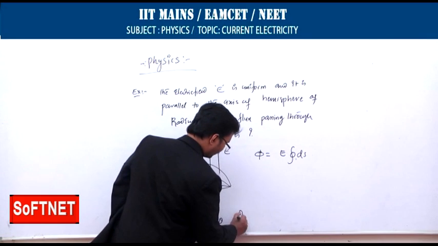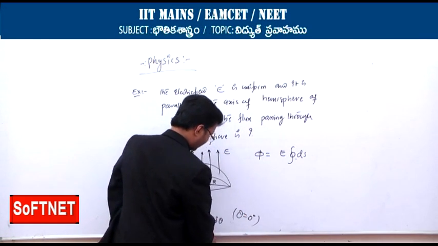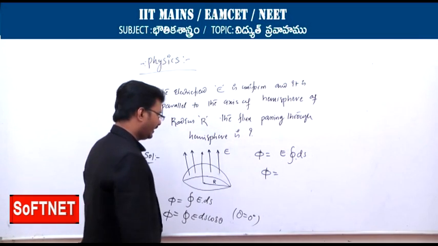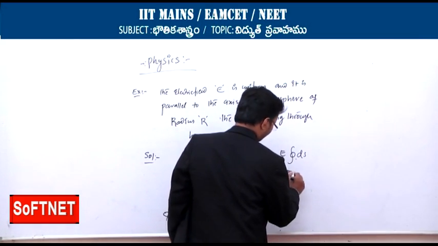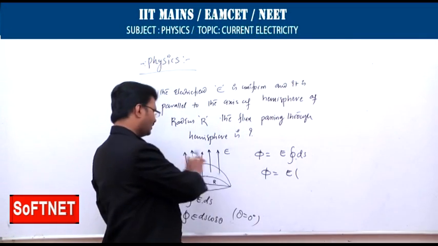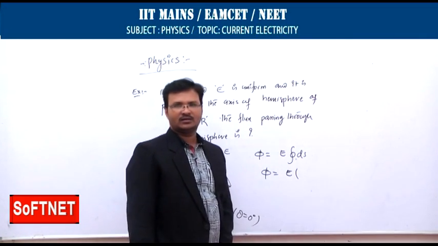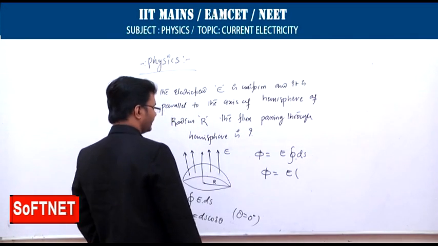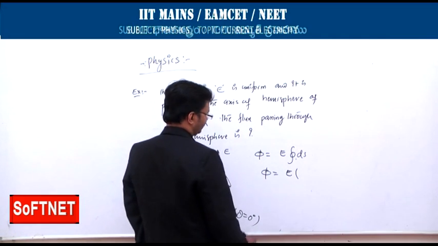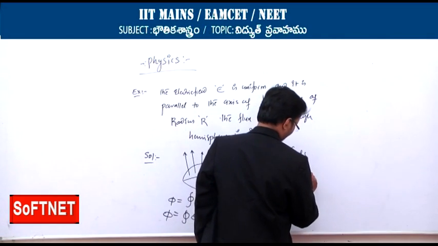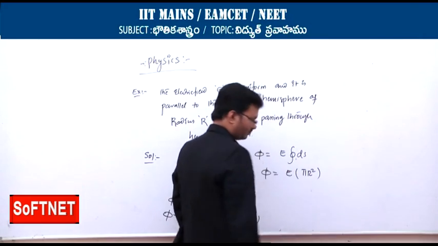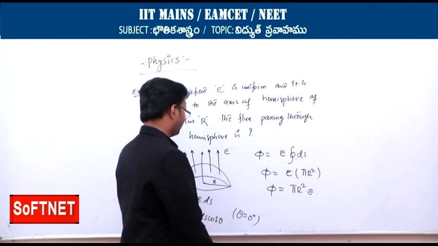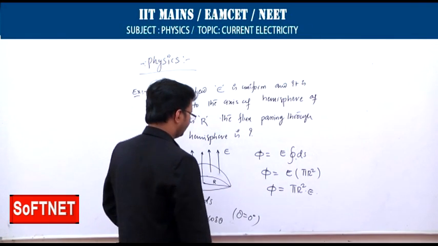Here theta is 0 degrees, so cos theta is going to be 1. Phi is equal to E times the area. If it is a full sphere, 4 pi r square; for a hemisphere, 2 pi r square. Hmm, the projected area of the hemisphere is pi r square, so phi is pi r square into E. Pi r square into E.